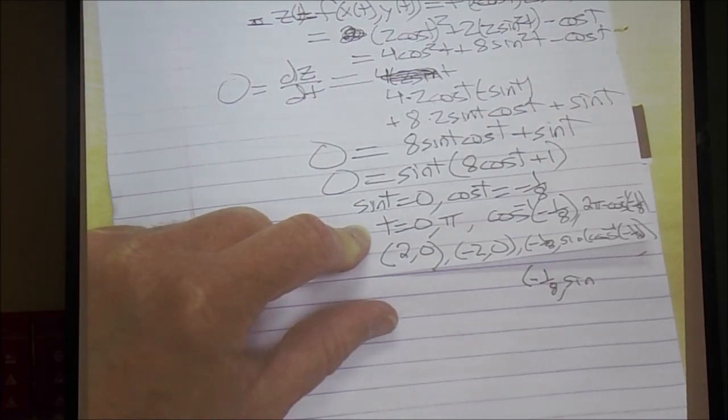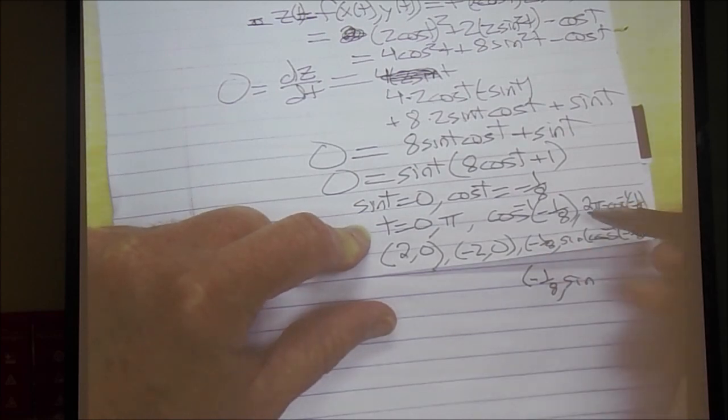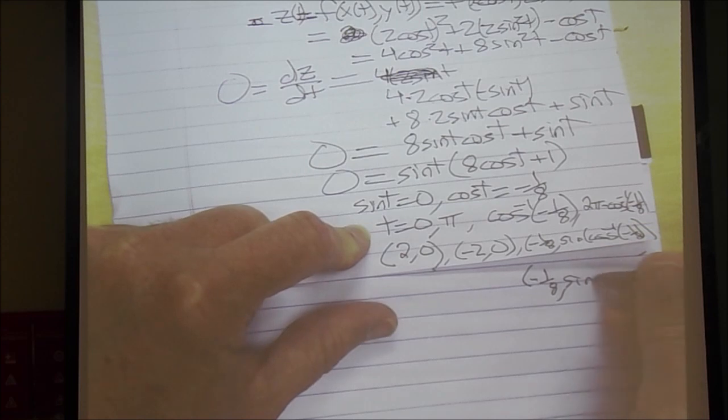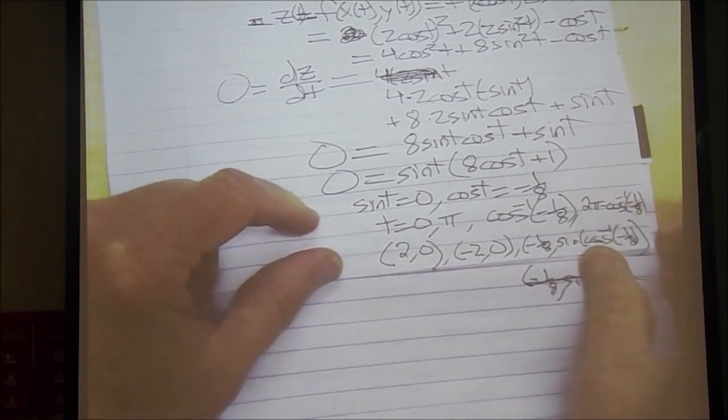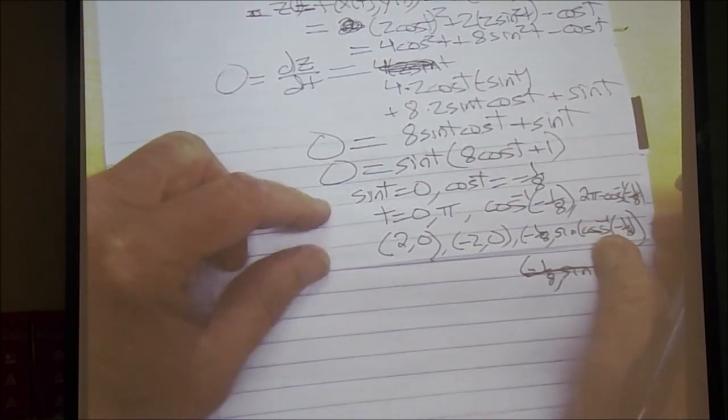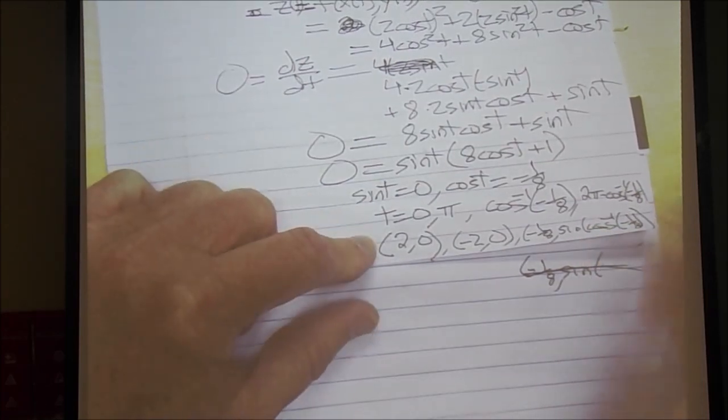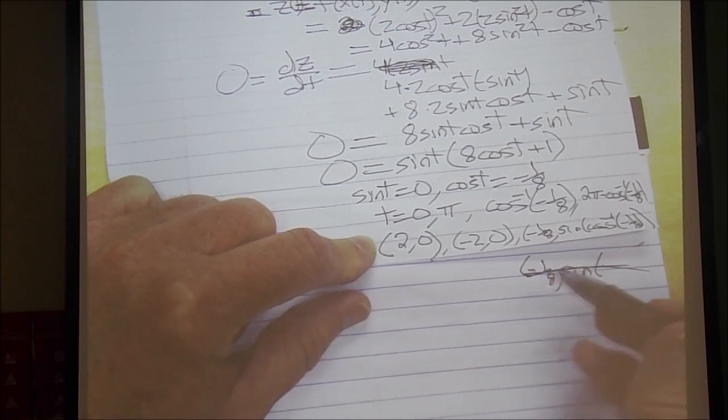Cosine should be the same, and the sine, so you take the sine of the arc cosine. Anyway, you plug in the 4 points. I'm trying to do too much of this in my head here.